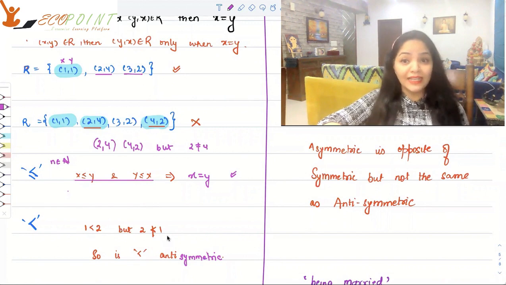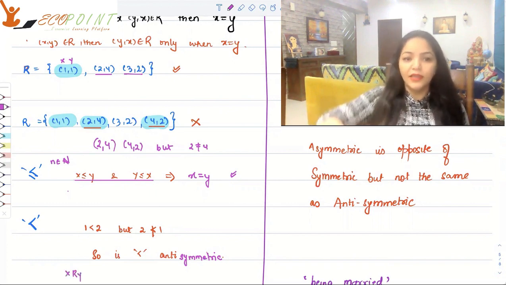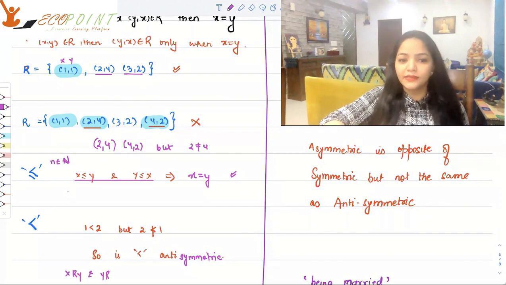So strictly less than, if I may now ask you, is this an antisymmetric relation? The answer is yes. Why? Because 1 is strictly less than 2, but 2 can never be strictly less than 1. In order for it to be an antisymmetric relation, it's an if-then condition, a conditional statement. xRy and yRx.